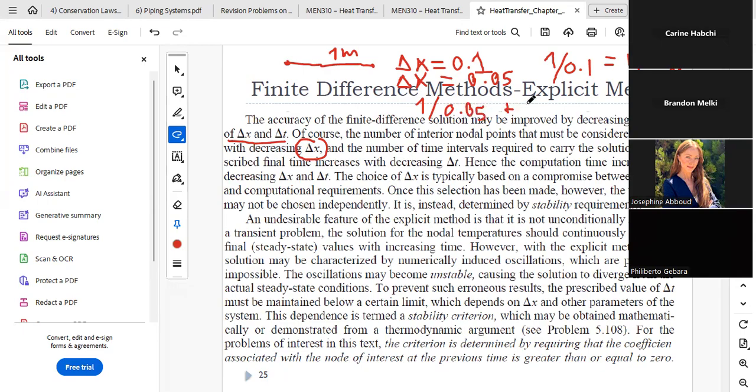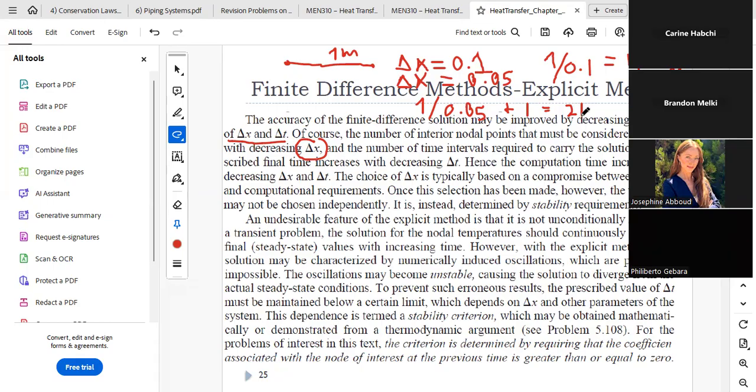So I will need 21 nodes. And of course, this will make computational time larger. Meaning, the more nodes you add, the longer the time of solution. That's why we say we need to compromise between accuracy and computational time.